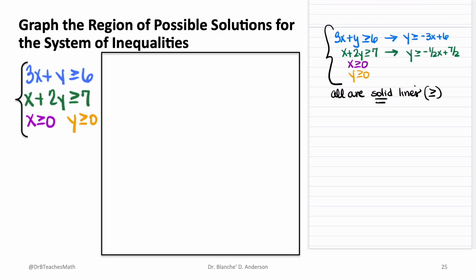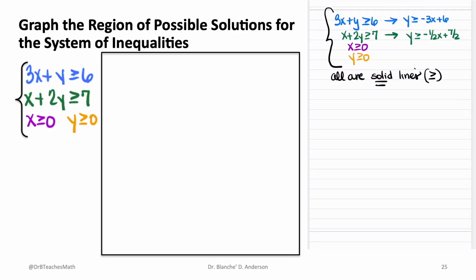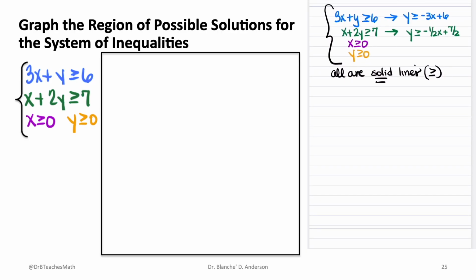Let's find the x-intercepts and y-intercepts. So 3x plus y greater than or equal to 6, the x-intercept is where y is 0, and then find the y-intercept, where x is 0. Okay, I'm going to use the slope-intercept form.